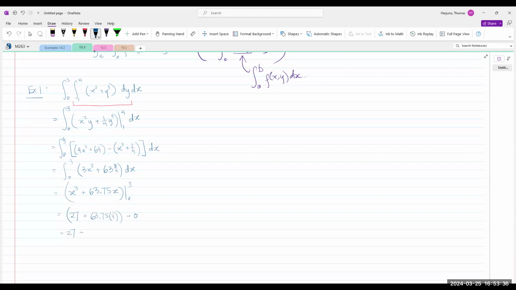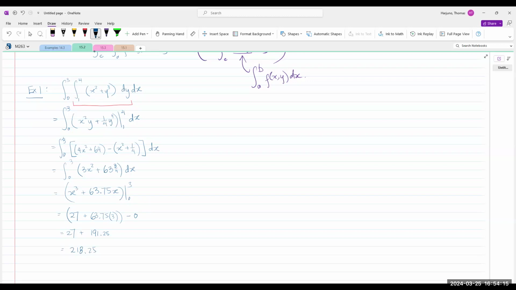It's 27 plus, what's that, 191.25, I'm so lazy to compute it. So that is 218.25. You don't need me to do this for you.